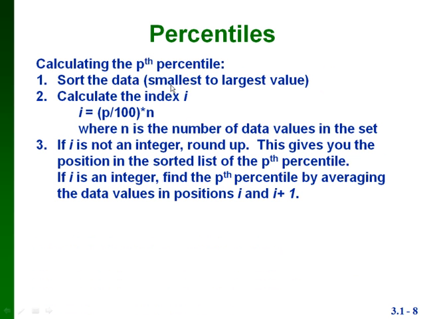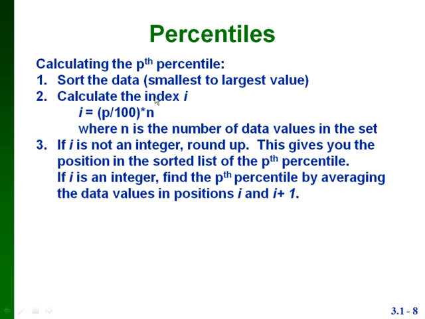Now if we want to go the other way, which we frequently do, if we want to look at a list and know the data value for a specific percentile. For example, we commonly want to know the data value that marks off the 25th percentile or the 75th percentile. So again, the first thing we have to do is sort the data from smallest to largest.